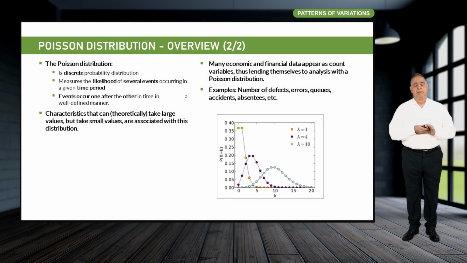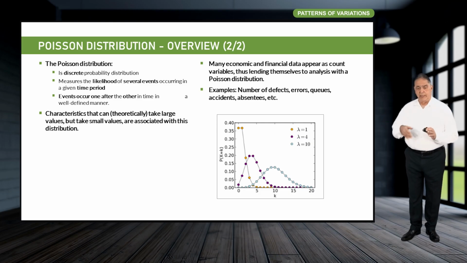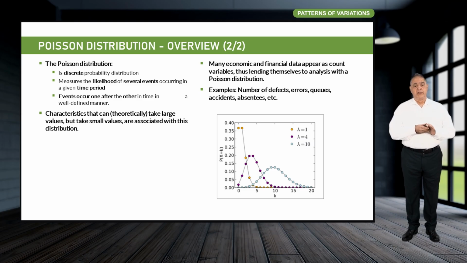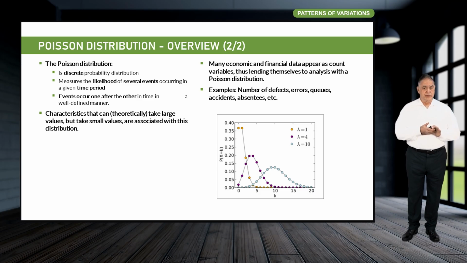One of the key parameters of the Poisson distribution is the so-called lambda. And as you can see in the figure, for different values of lambda, the Poisson distribution assumes different shapes. For example, if we use the lambda value of 1, the Poisson distribution looks like an exponential distribution.